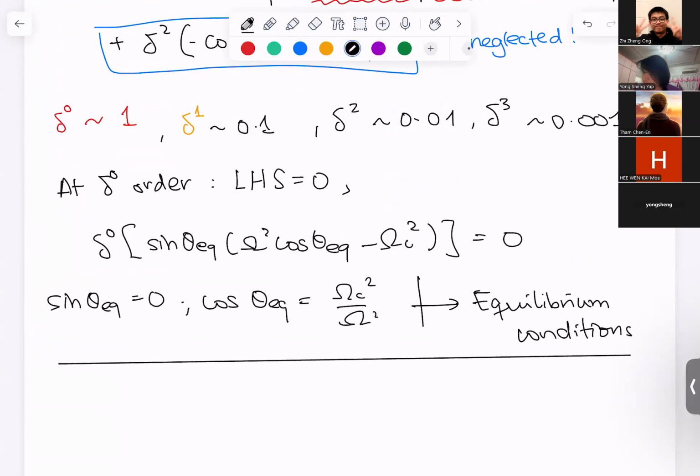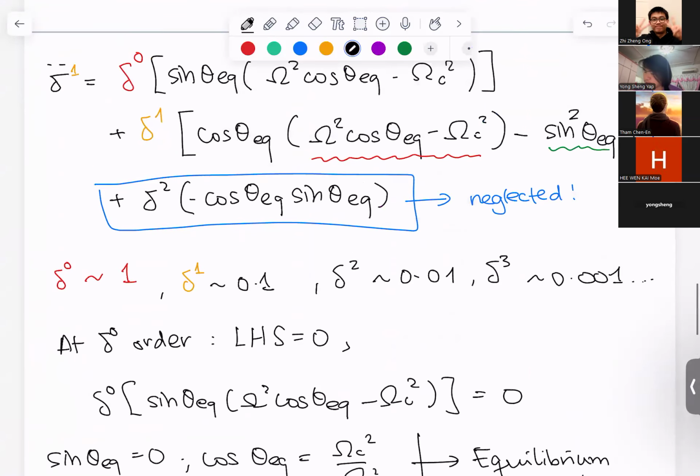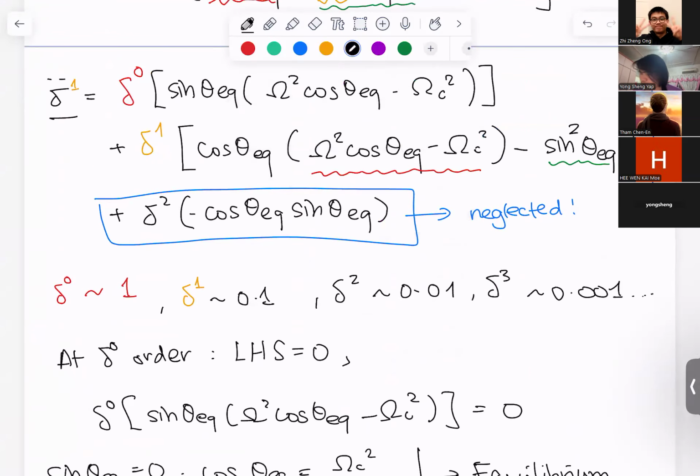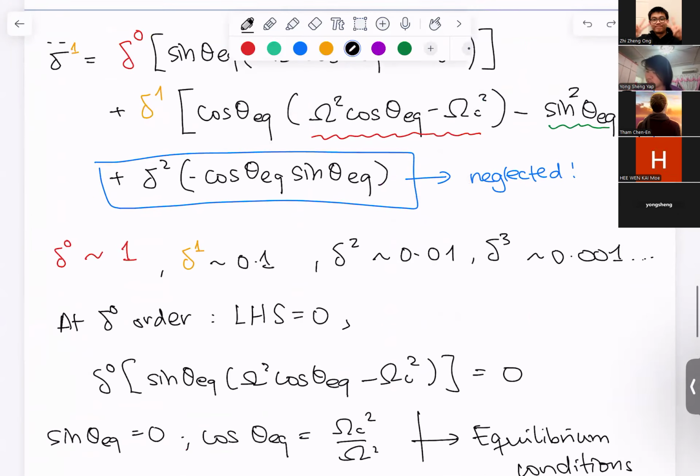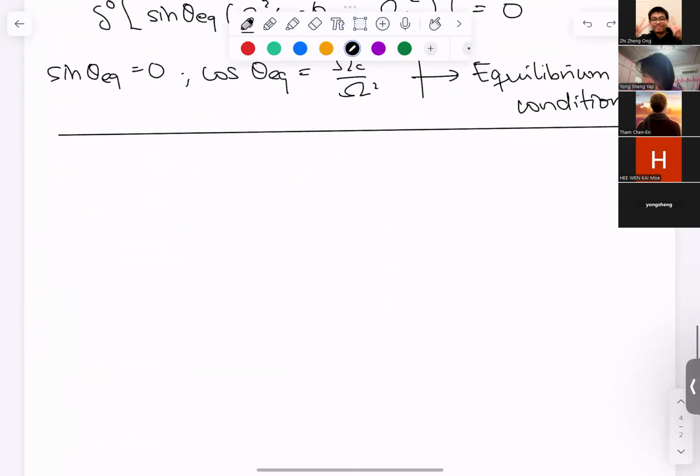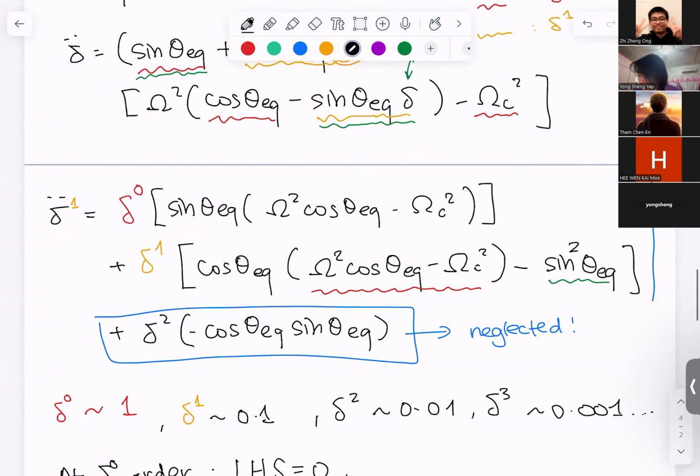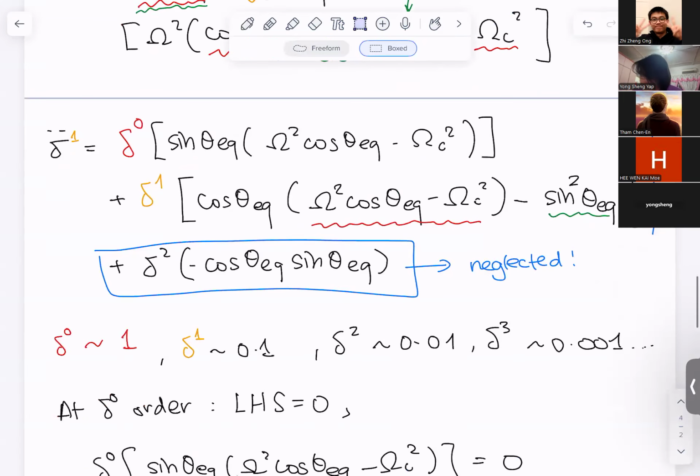Now the fun thing comes at delta to the one order, because there the left-hand side is non-vanishing. It's not zero. So we have delta one, delta to the first power, double dot, equals delta one multiplied by this entire thing.